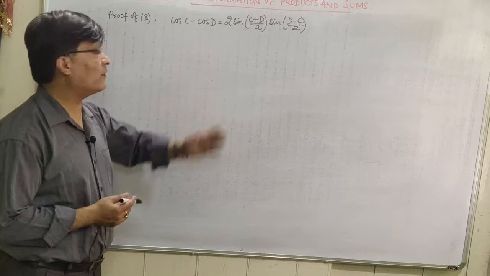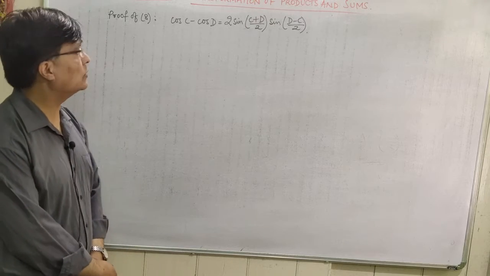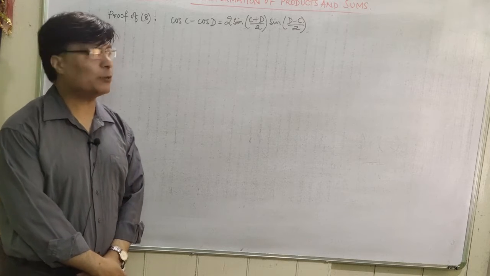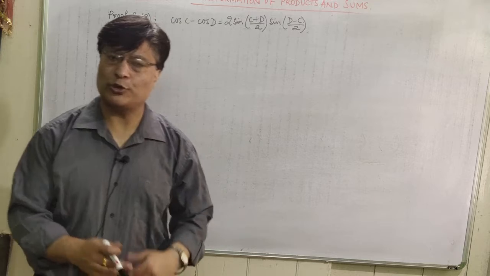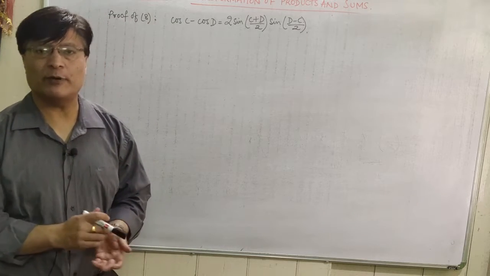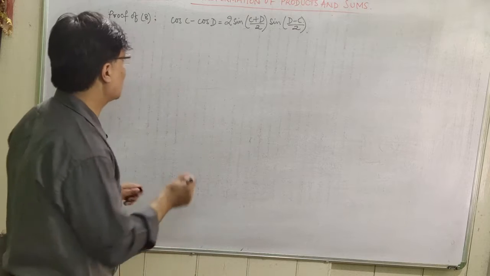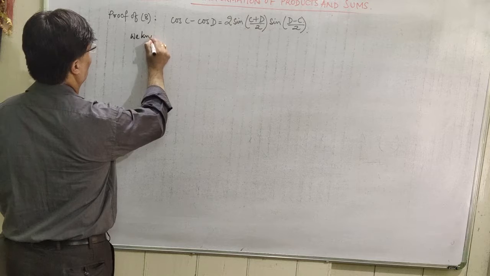So let us prove this formula, that is cos c minus cos d is equal to 2 sine of c plus d by 2 into sine of d minus c by 2. So how can you prove it? We can prove it from the previous formula, that is formula number 4.